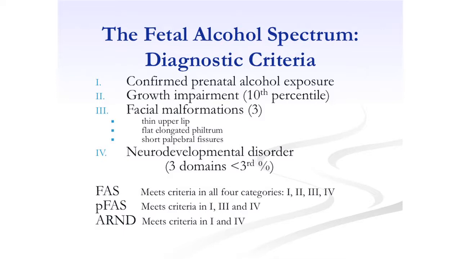They can, in fact, have no physical anomalies at all, or they can have the facial malformations with normal growth. In that instance, if there's confirmed prenatal alcohol exposure, there are the facial malformations, and there are the neurodevelopmental disorders, then that individual is said to have partial FAS or FAS with normal growth.